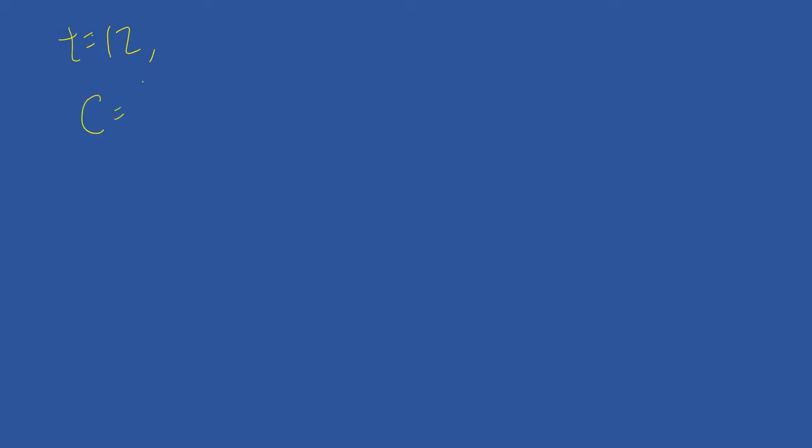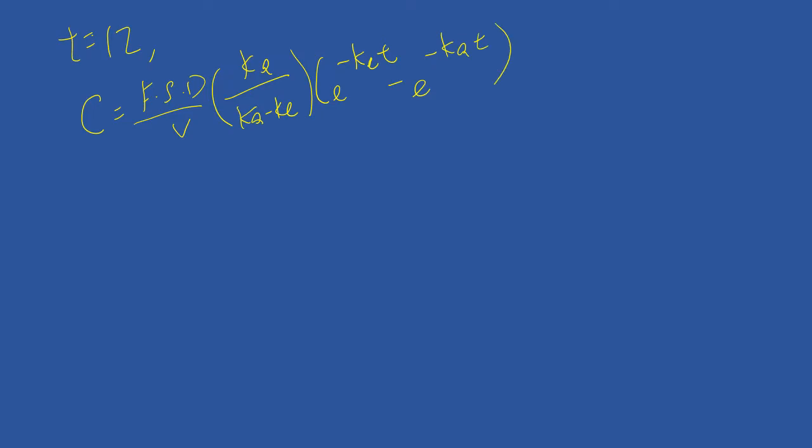So first, you need to write down the equation, and then Ka minus Ke, e to the power of minus Ket minus e to the power of minus Kat. So the information is when t is equal to 12, the concentration is 28.2.